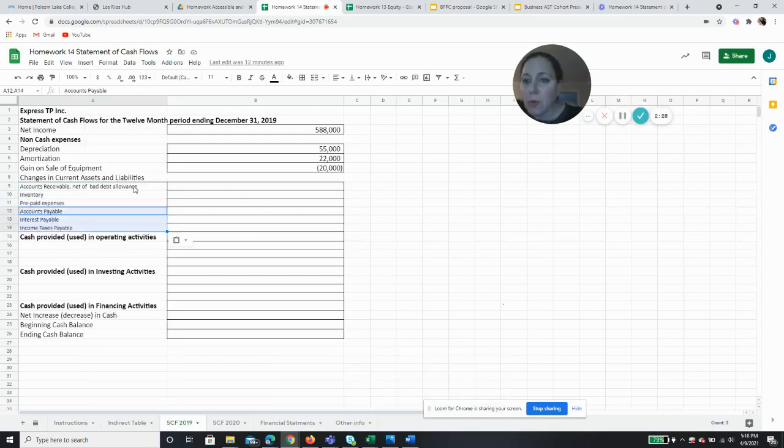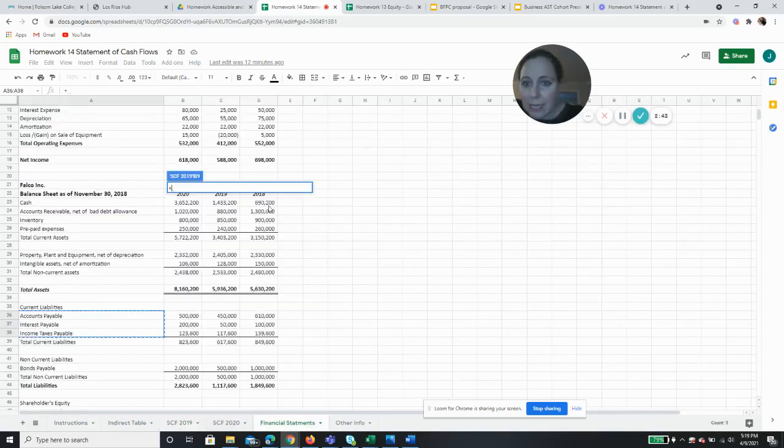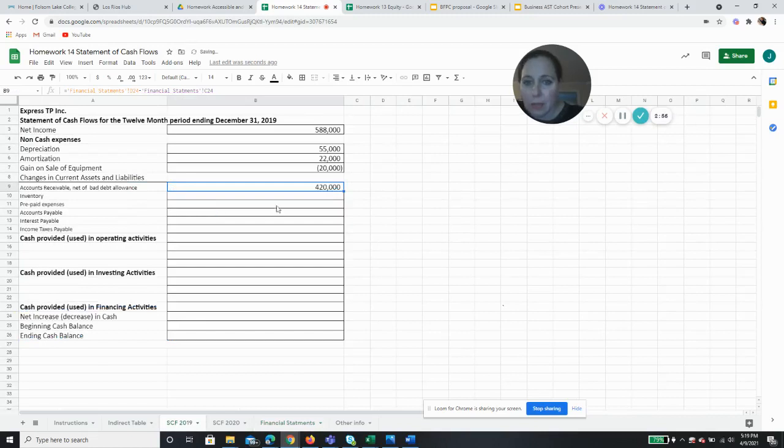Okay, so for our assets, if our assets increased, we subtract, and if they decreased, we add. So we're going to take the 2018 number and subtract the 2019 number. So in this case, we know that our assets decreased, so we would add, and it comes up positive.